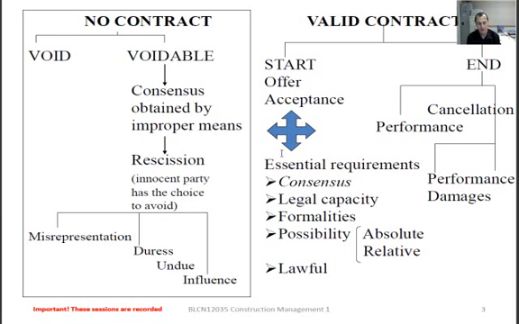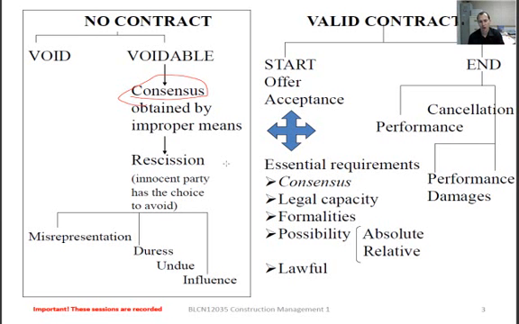If a contract doesn't follow the correct procedures, obviously it becomes void or voidable. For instance, on the slide here on the left, if consensus was obtained by improper means, say you really want to do some work for the client, he's not so keen, so you take out your Colt 45 automatic pistol and get him to sign the purchase order for your contract.